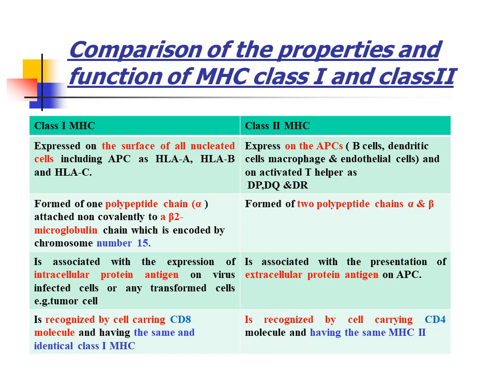MHC class 2 is associated with presentation of extracellular protein antigen. Last point is the recognition: by cell carrying CD8 in case of MHC class 1, and in case of MHC class 2, recognized by cell carrying CD4.